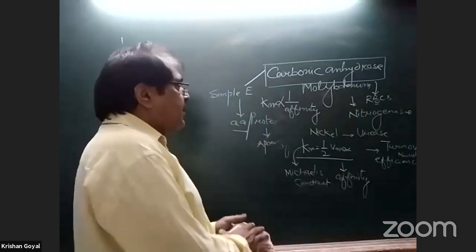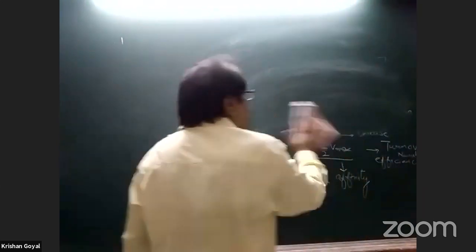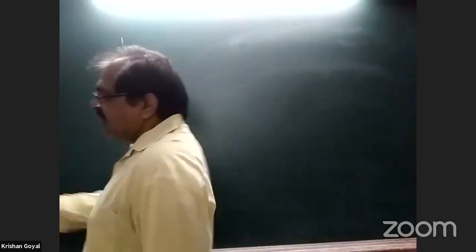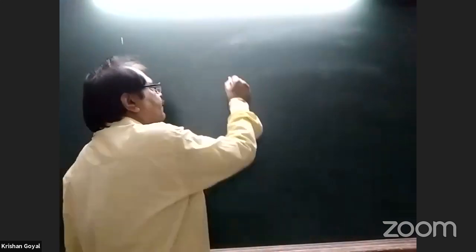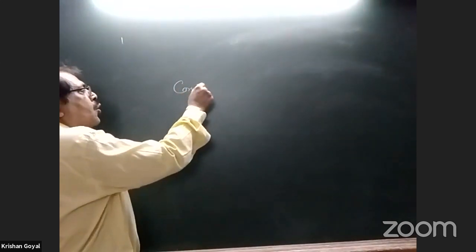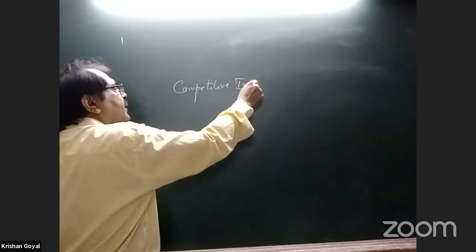Now, there must be some inhibitors. In your syllabus, there is one type of inhibition. Though there are 4 types of inhibition, in your syllabus only one type is mentioned, which is called competitive inhibition.